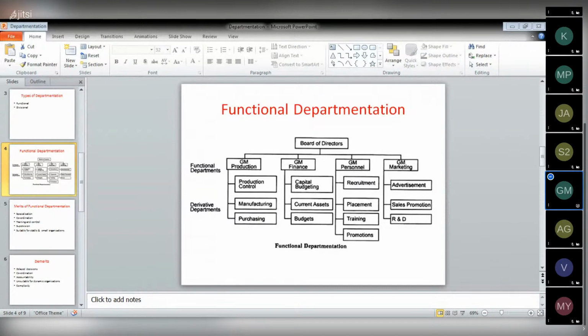Coordination. People working in one department are closely related, and sometimes they work collectively towards achievement of the goals of the department as well as the organization also.